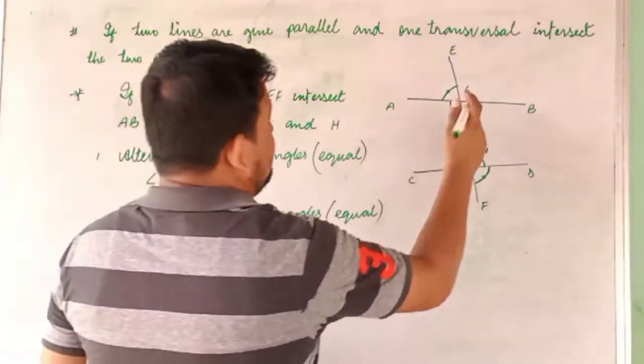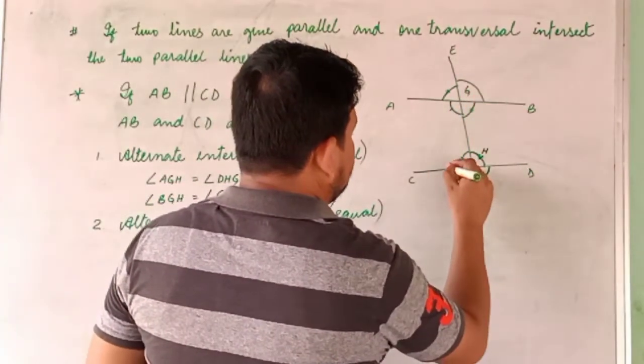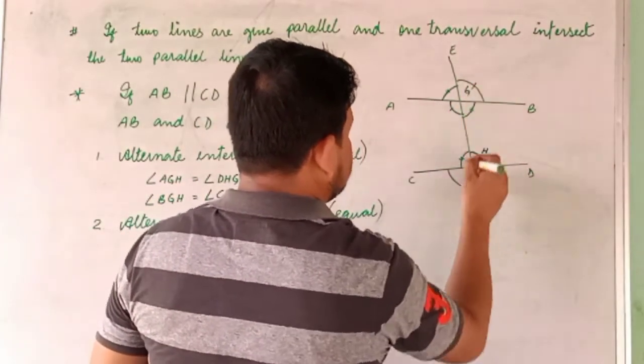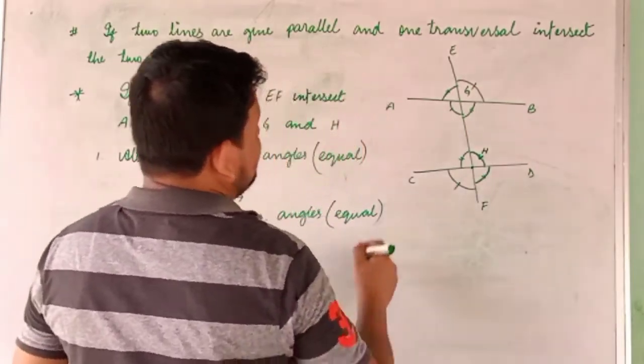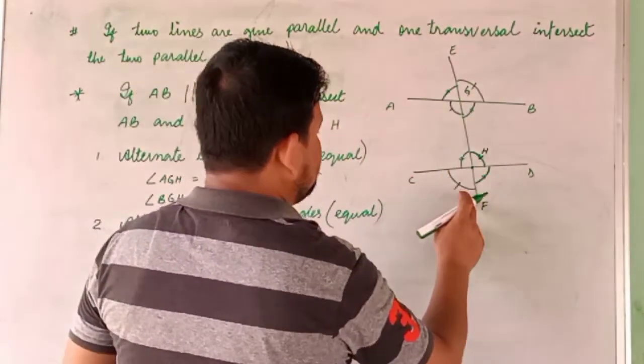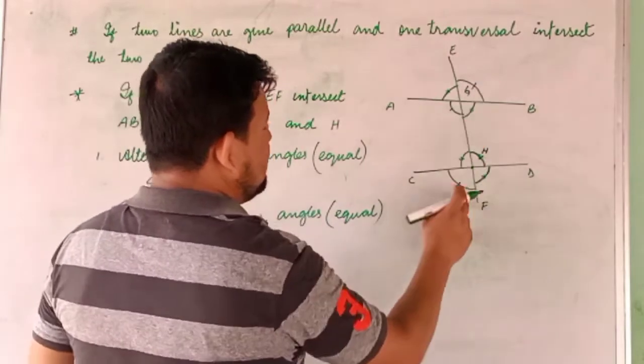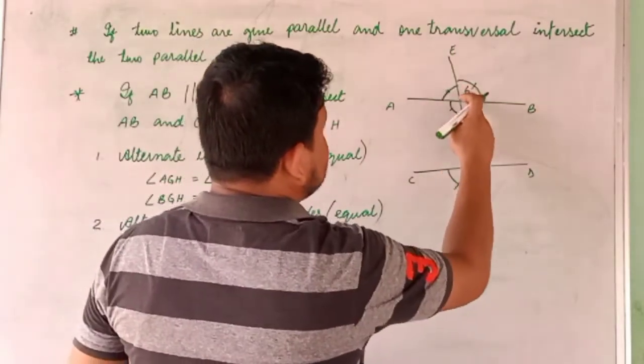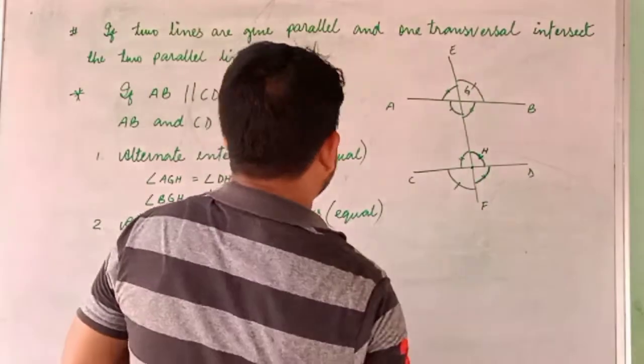Okay, and we know this angle also is alternate to this angle. Alright, that means these two also will be alternate exterior angles. That means these two angles also will be equal. That means what I can write, EGB or BGE, this is the same thing.